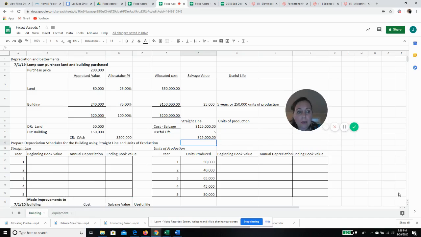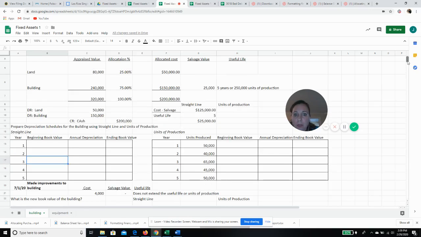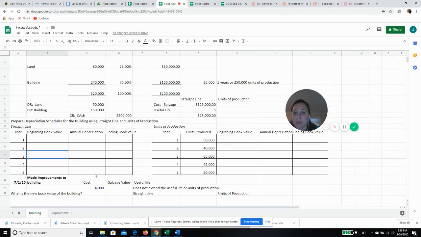So let's come down here and build out our depreciation schedule. The book value is the cost of our asset minus any accumulated depreciation. So in the first year, when we first buy our building, the book value is just the cost.